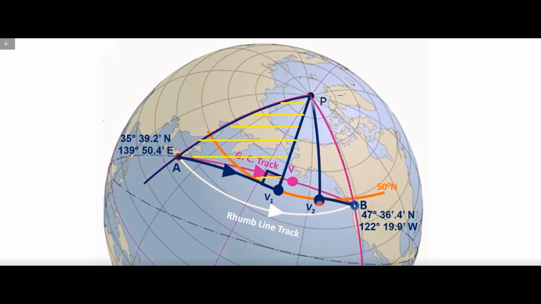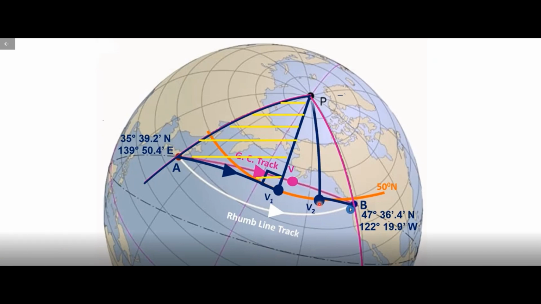So beta, you saw that the first leg we followed was alpha to Victor 1, and the last leg of our passage will also not be along the original GC track. The pink color original GC track we have left completely. What we have followed is a new blue color GC track, and it is such a great circle which passes from B and has its vertex at the limiting latitude, which we have represented as V2.